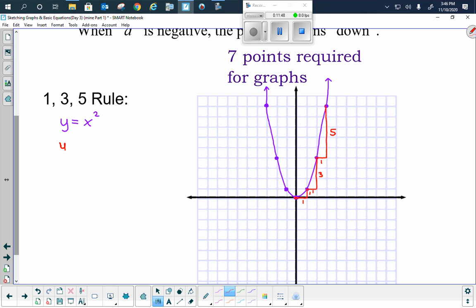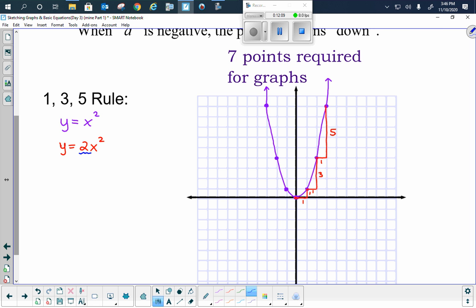All right, so there's your 1-3-5 rule, which means now, let's say that somebody gives you y equals 2x squared. Well, it's still going to follow the 1-3-5 rule, right? It's still every time you take a step to the right, 1. But now the y value, once you multiply x by itself, the y value is getting multiplied by 2.